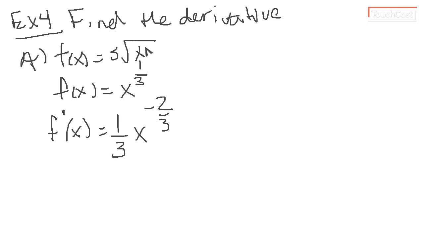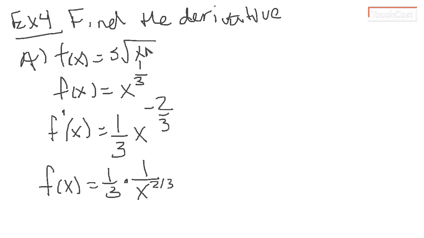And we're almost done. There is a little bit we can do to clean this up. If you recall from algebra, negative exponents, we can rewrite those as 1 over that thing that's raised to a negative power. So in this case we have 1/3, and we're multiplying that by 1 over x to the 2/3.